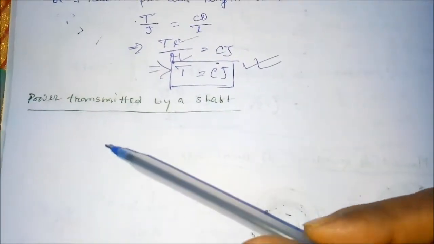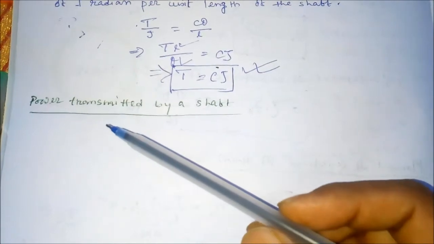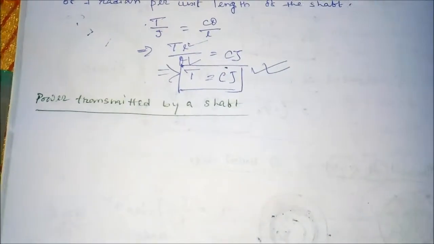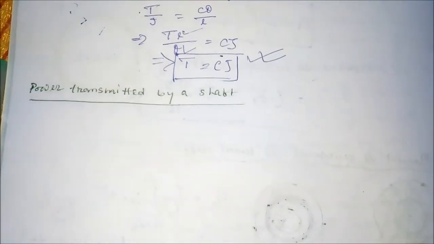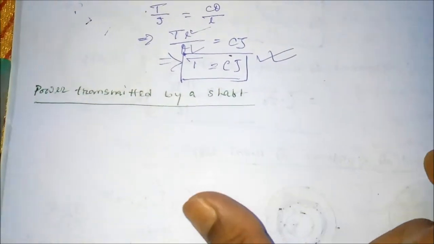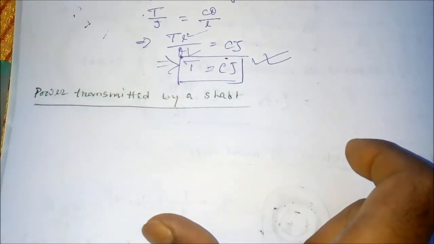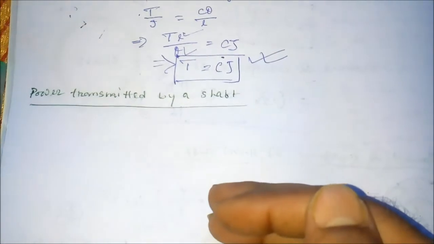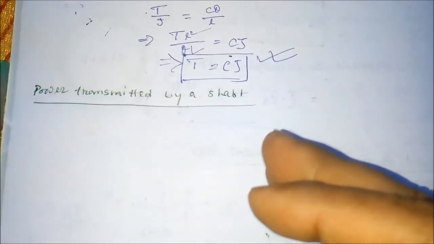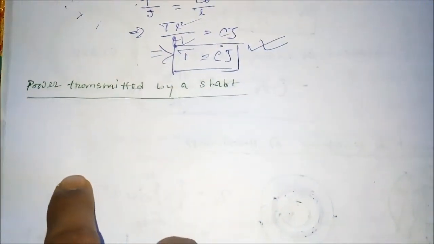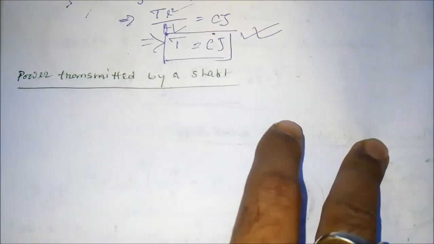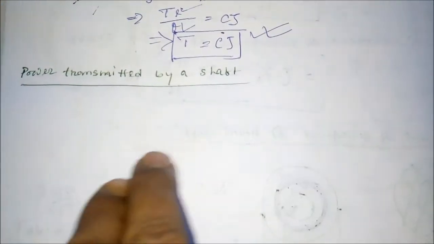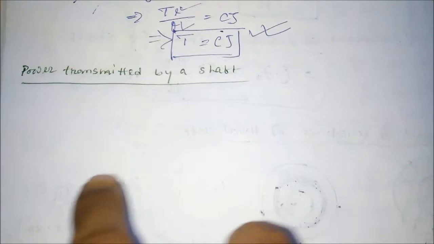Now let us see what will be the power transmission by a shaft, right? The shaft is basically installed to transfer power from one end of the shaft to the other end, right? That shaft has to transfer the power.